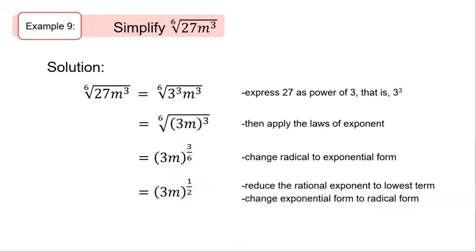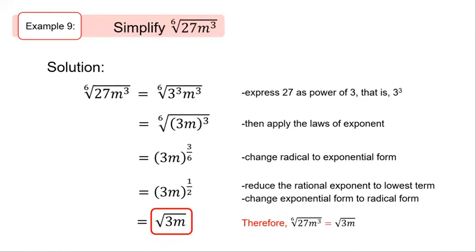Then, change exponential form to radical form. Kaya itong the quantity of 3m raised to the power of 1/2 natin ay naging the square root of 3m. Therefore, the 6th root of 27m cubed is equal to square root of 3m in simplest form.